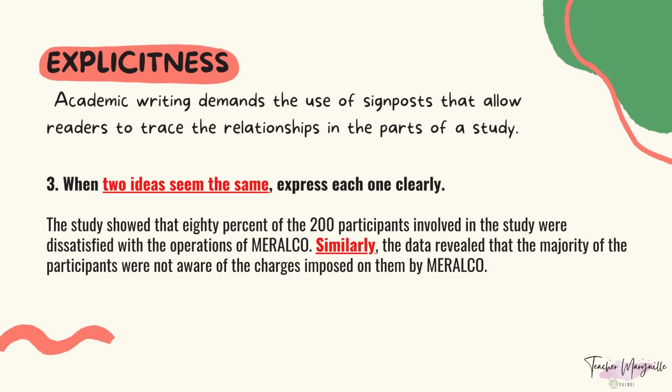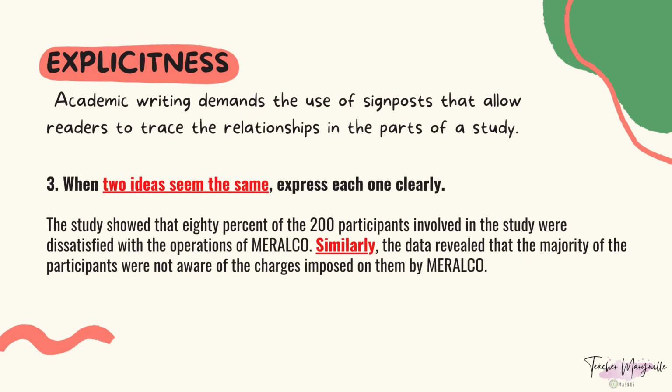When two ideas seem the same, express each one clearly. You can use the transitional word "similarly" or "related to." Here's an example: The study showed that 80% of the 200 participants involved in the study were dissatisfied with the operation of Meralco.